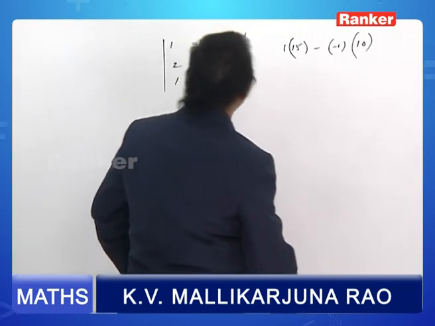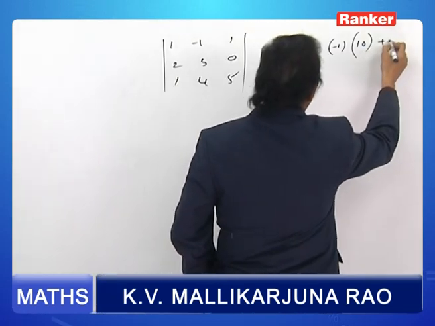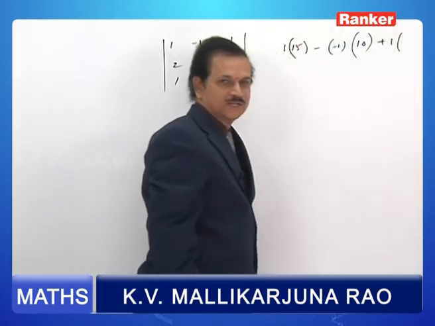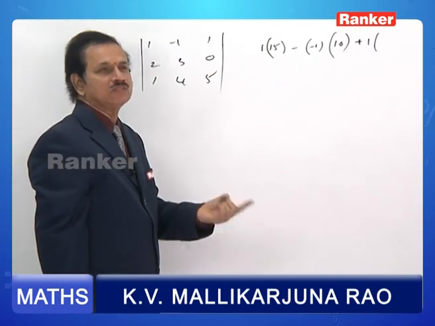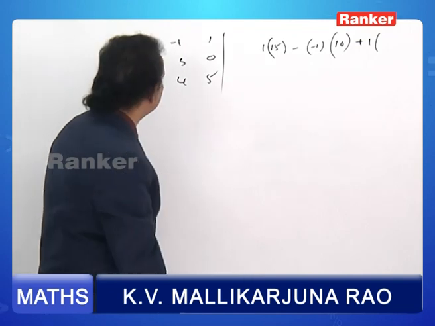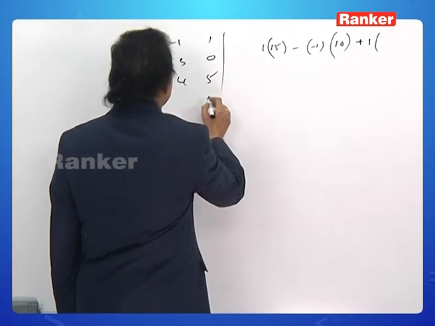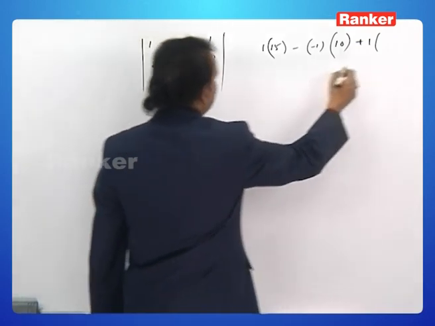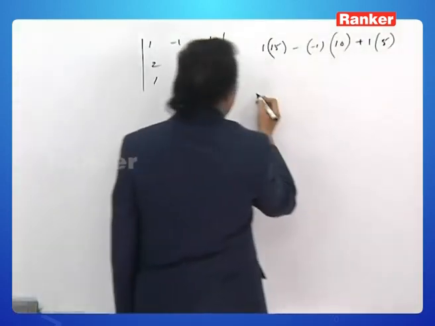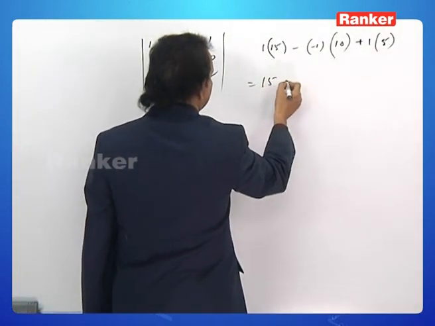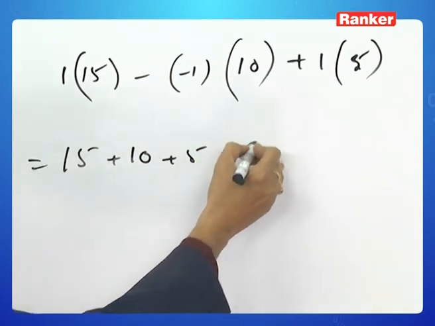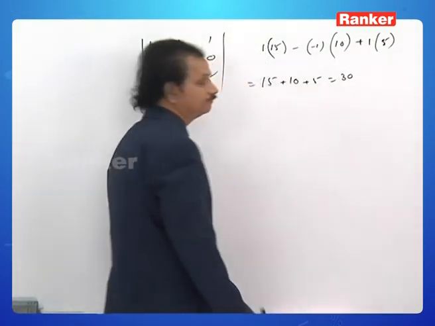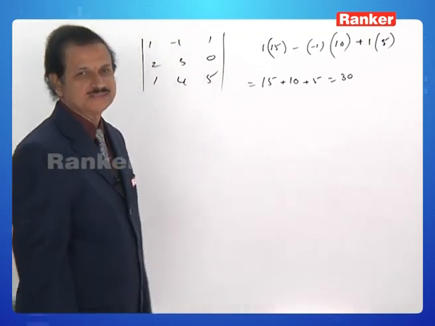And then the third element, plus 1 into. You have moved with plus sign. Why? Because first row, third column. 1 plus 3. Minus 1 whole power 4 is plus. You delete the first row and third column. 8 minus 3, it is 5. So it is 15 plus 10 plus 5 is 30. So its determinant is 30.